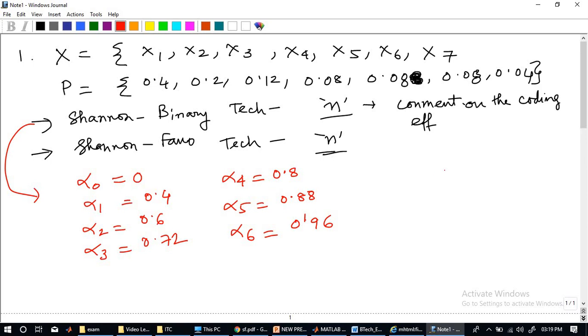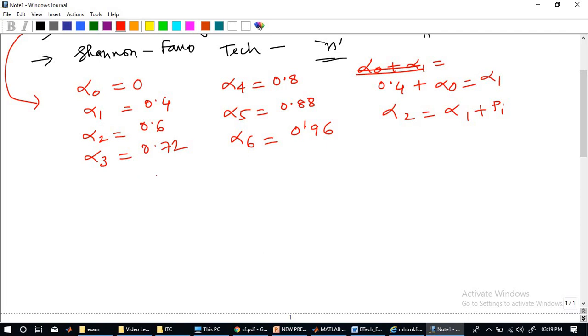For people who were absent on that day, how are we making this alpha? Alpha 1 is given by 0.4 plus alpha 0. Similarly, alpha 2 will be alpha 1 plus the current probability Pi. That's how we are making it. As far as the condition of length is concerned, we have to check that P of Lk is greater than or equal to 2 to the power minus lk.